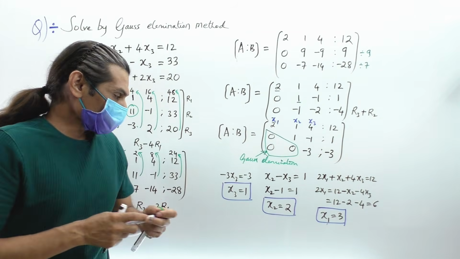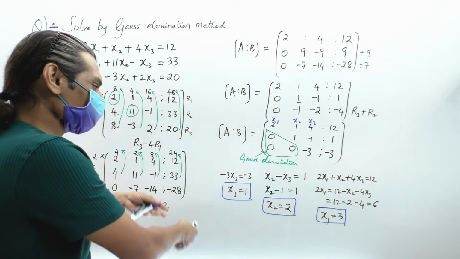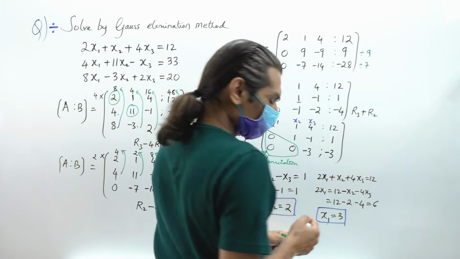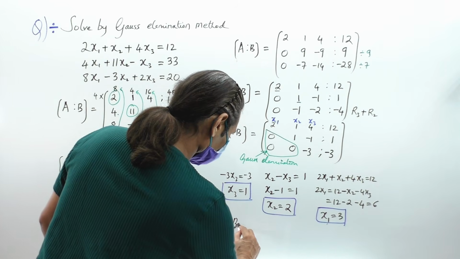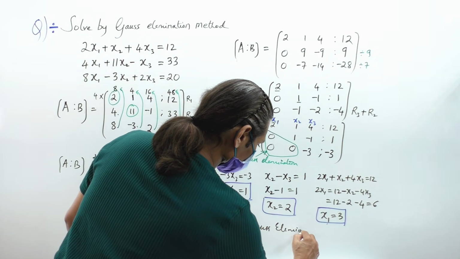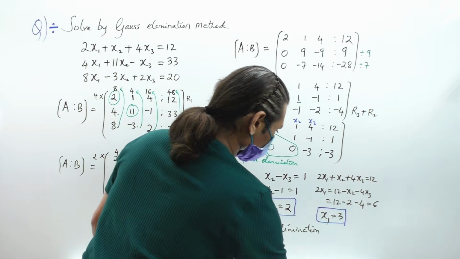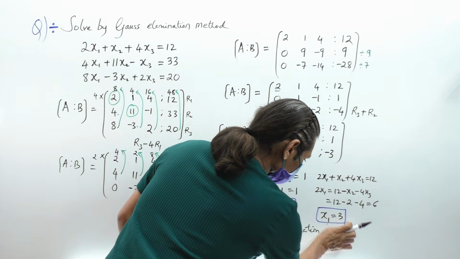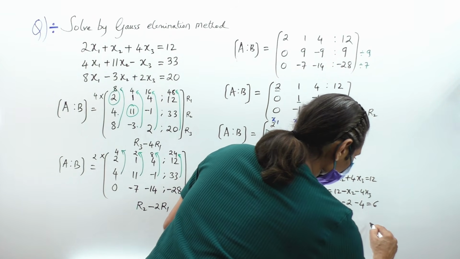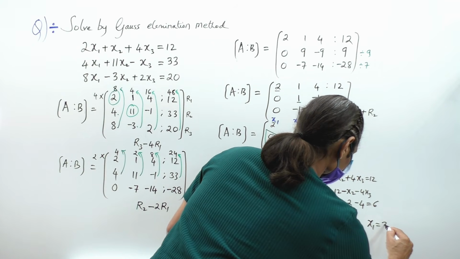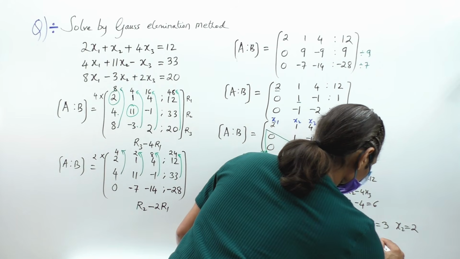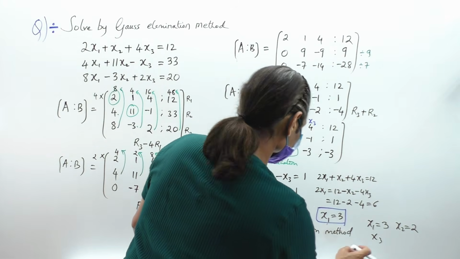So you found the value of x1 as 3, x2 as 2, and x3 as 1 using the Gauss elimination method. So I'll better write here: by Gauss elimination method, we have x1 is equal to 3 and x2 is equal to how much? 2, and finally x3 is equal to 1.